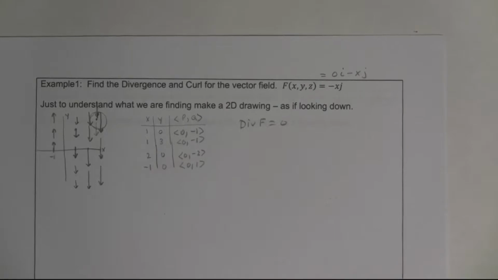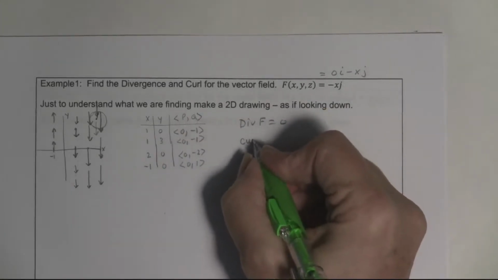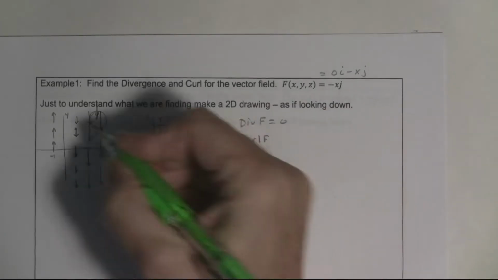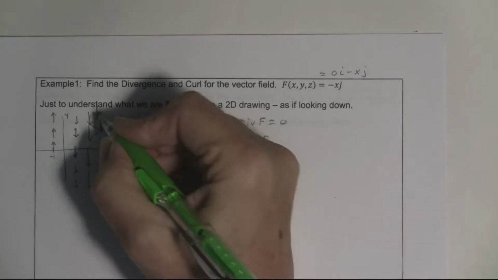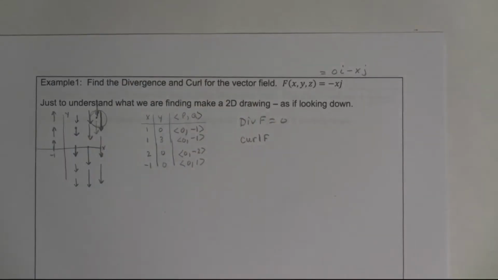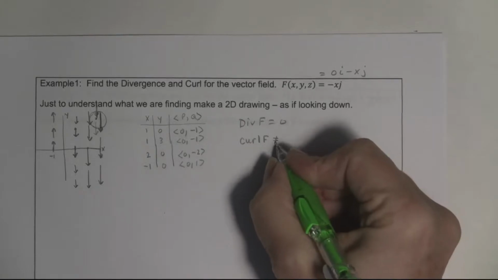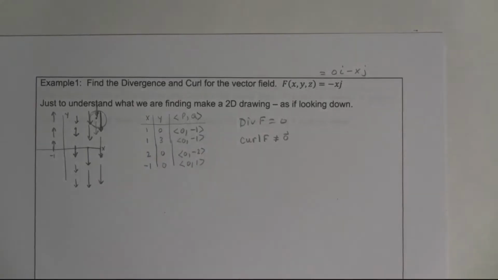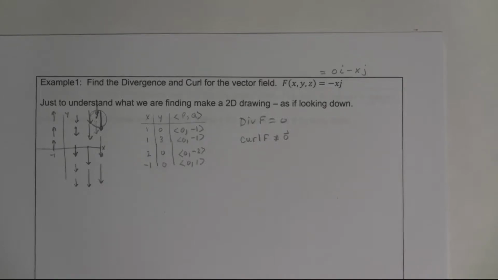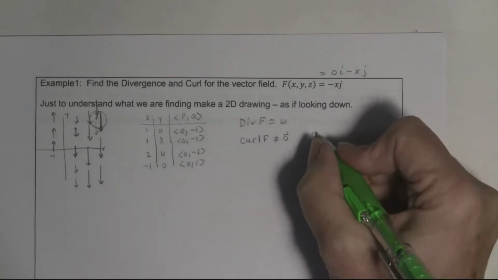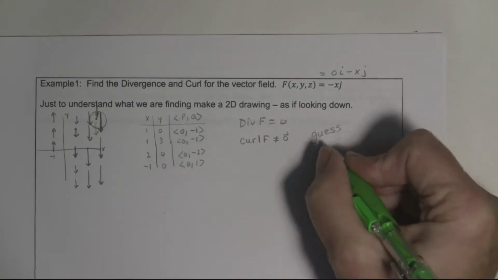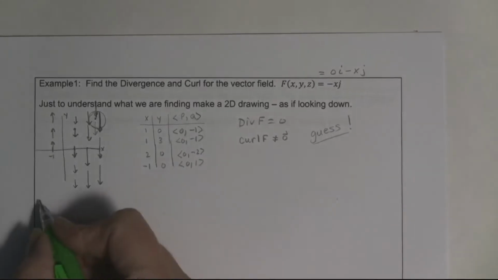And so what that tells me is the curl of f, because they're longer on one side, when it hits the paddle, the other side won't balance it off, so the paddle is going to spin. So this is not equal to the vector 0. That's my guess, because I'm thinking that the paddle is rotating there. So these are my guesses, and now we're going to go see the math on it.